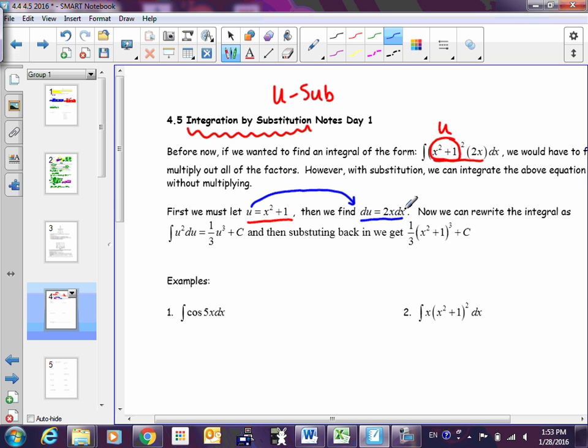Think of it like this. We're saying that this 2x is the derivative with respect to x. All right, so when we're doing this u substitution, we're going to have to go du equals something, and we're always going to have to write dx there. It's going to be part of the process. It's stating that that is the derivative of my u.